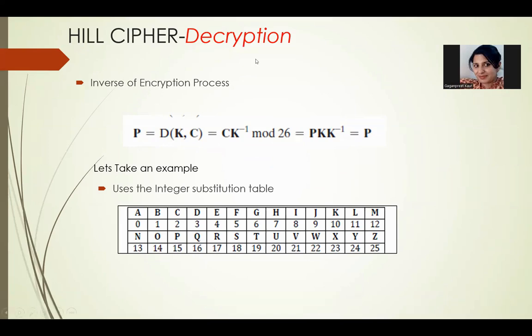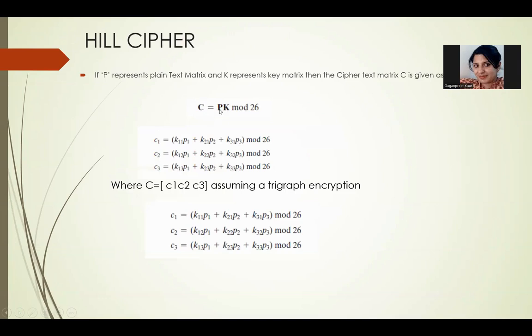Okay. So my plain text values would be P1 is 18, P2 is 0, and P3 is 24.